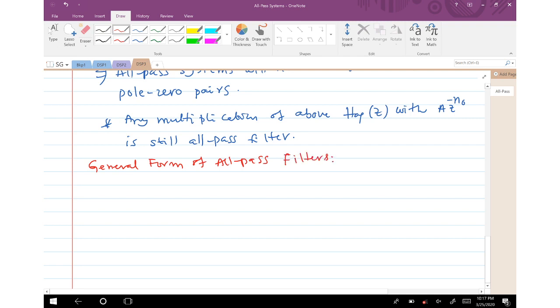So a cascade of AllPass filters is also an AllPass filter. That's a very important thing, because they simply get multiplied in the z domain, right? A cascade of AllPass filters is still an AllPass filter.